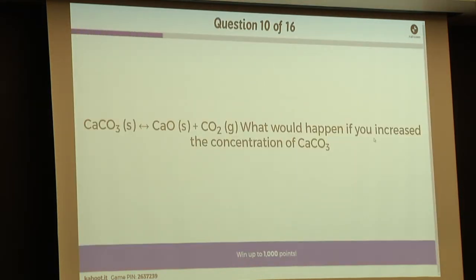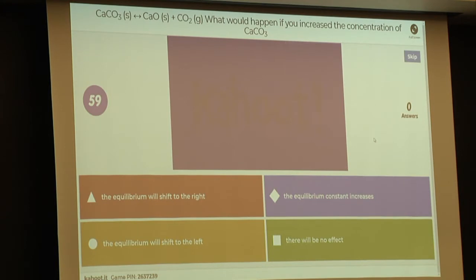All right, so you have calcium carbonate at equilibrium with CaO and CO2. What would happen if you increase the concentration of calcium carbonate?